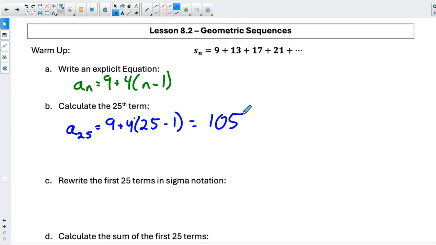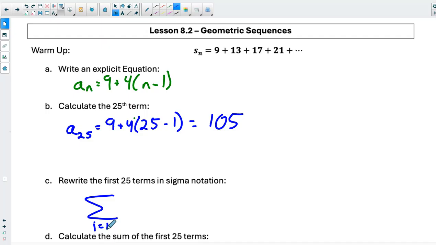Coming down here, writing this in sigma notation. You can use i, you can use n. Don't care, I'm going to use i this time. So I'm going to put i equals 1. Now it says rewrite the first 25 terms. So that's telling me what my upper bound is. That's telling me that top part.